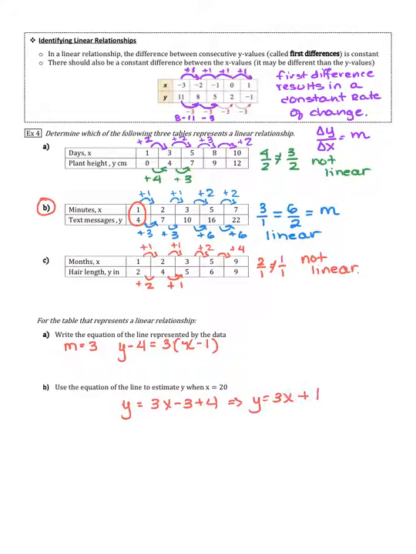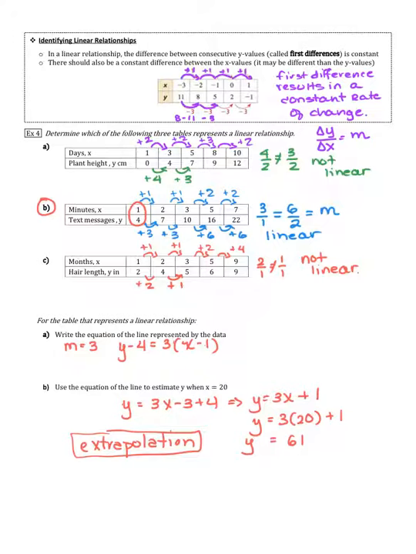So we're going to plug in when x is 20, because now we can use our equation to predict down the road for the data we don't have, so 60 plus 1. So when you're moving beyond the given data to try and make a prediction based on the given data, that's called extrapolation. You don't necessarily have to know that word, I just threw that out there. Okay, so I hope this was all good.